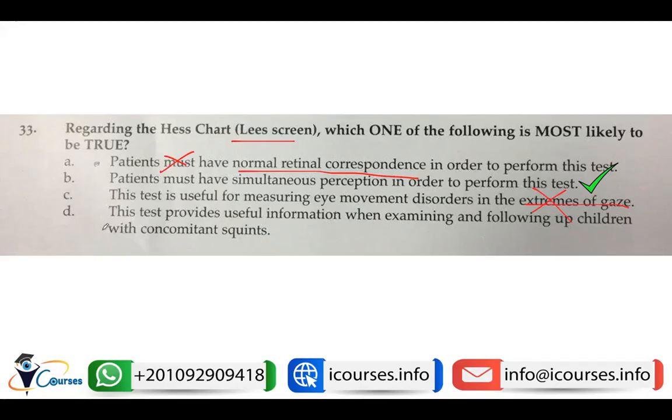Actually, no, it is useful for examination of patients with incompetent squint, not competent squint. And it is not very useful in children because it needs cooperation from the patient, and children are usually not cooperative, as we mentioned in the cross cylinder.